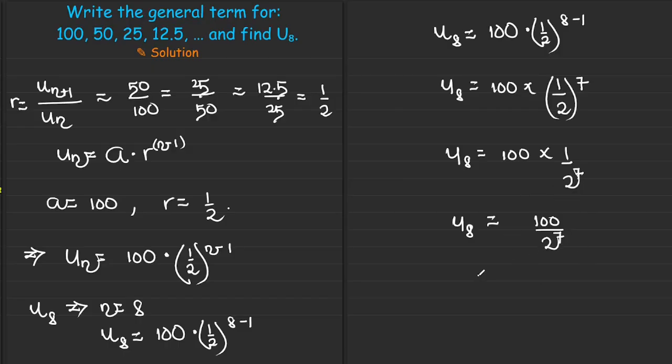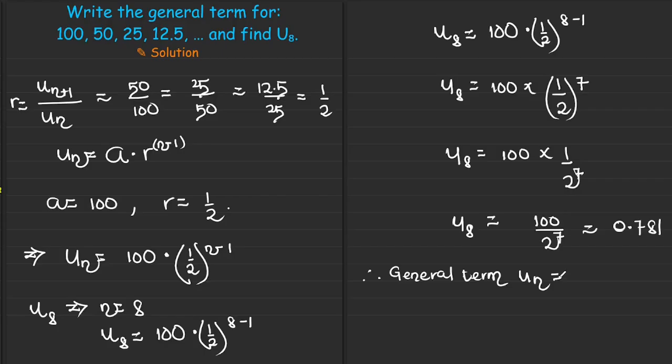If you have to evaluate this on a calculator, you are going to get 0.781 as your final answer. So we can say, therefore, the general term is giving us what?